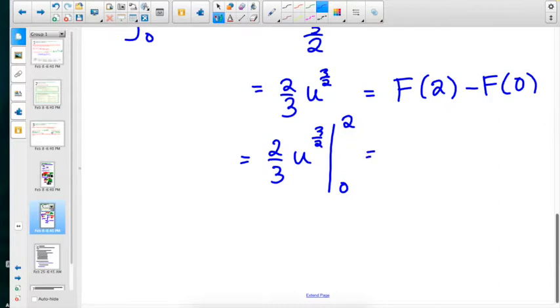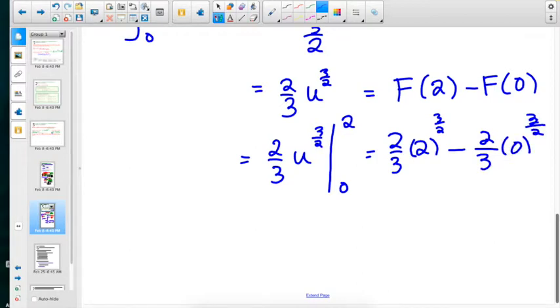So we're going to plug in 2, and then minus, plug in 0. Okay? And so my answer is how much to 3 decimal places?